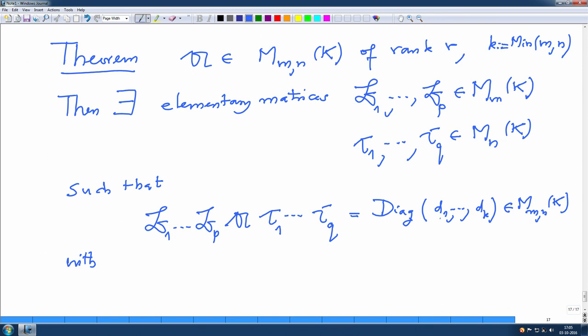I can also arrange that D2 onwards, D2 to Dr, sorry, r is the rank, D2 to Dr are all 1, and Dr plus 1 onwards up to Dk are 0.